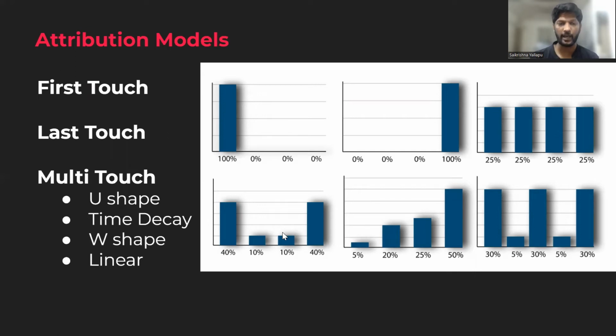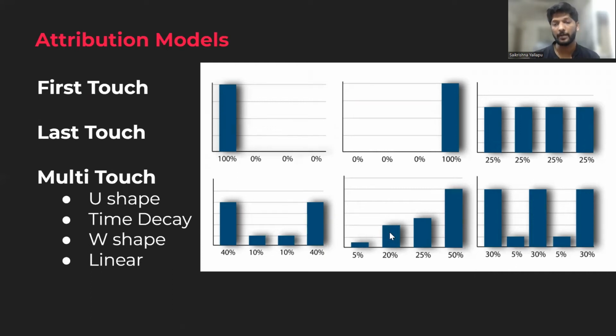This is U-shape, where this attribution model gives importance to the primacy and recency effect. Primacy and recency effect is like the very first impression and the very recent impression. It gives a major portion to primacy and recency in U-shape.